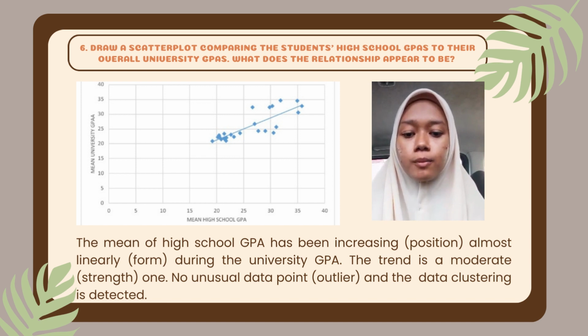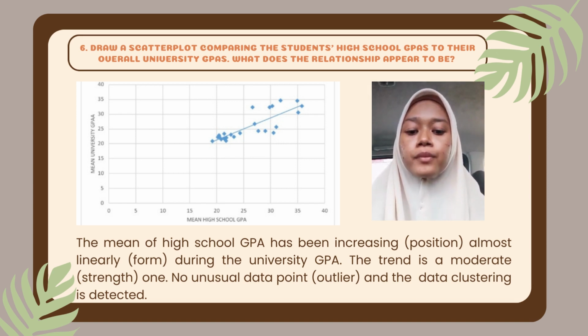We get the scatter plot which calculates the mean of high school GPA and university GPA. We calculate the data in Excel, which adds all the data and divides by the quantity of numbers in the data, and we get the answer, and use the answer to get the scatter plot graph.